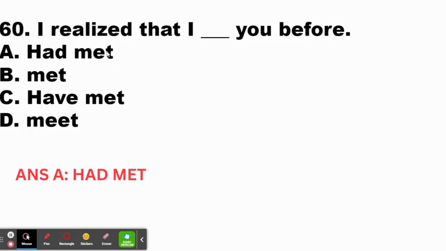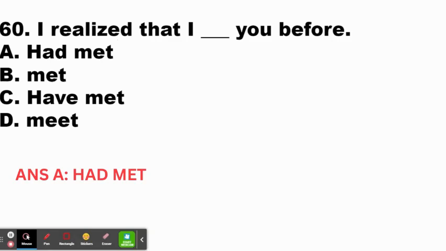Okay. So realized is past. So this is one action. Then meeting is another action. And as I earlier explained, you always use the past perfect tense to express an action that came first, before another action in the past. We call it a past in the past. Look at it like this. Realizing is one action.